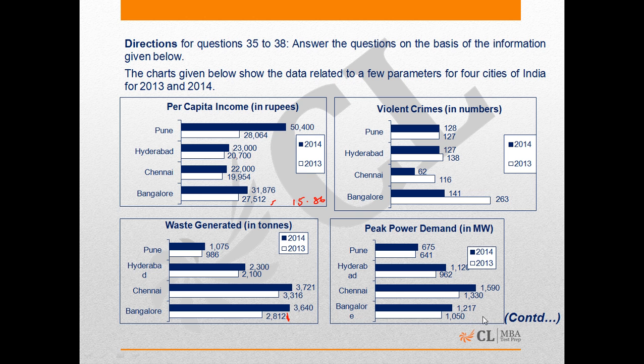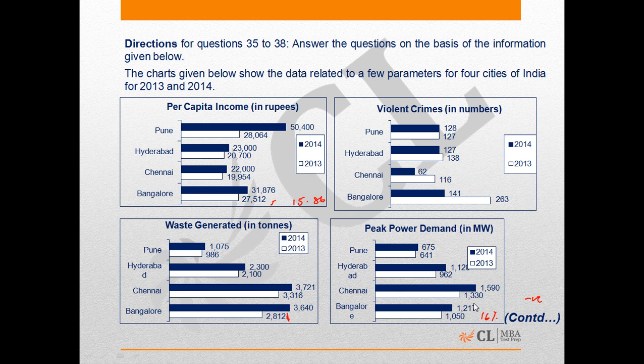So percentage increase was of around 16%. So in this case, this difference, that is of percentage increase in per capita income and percentage increase in peak power demand, is negative. So Bangalore is one of the states that satisfies the given condition.